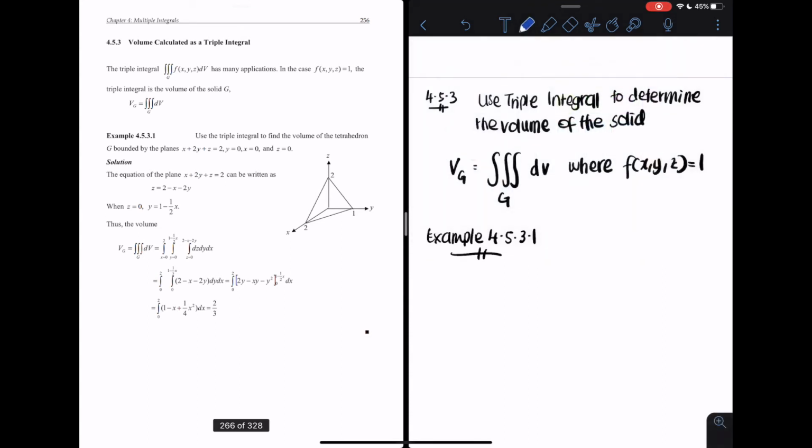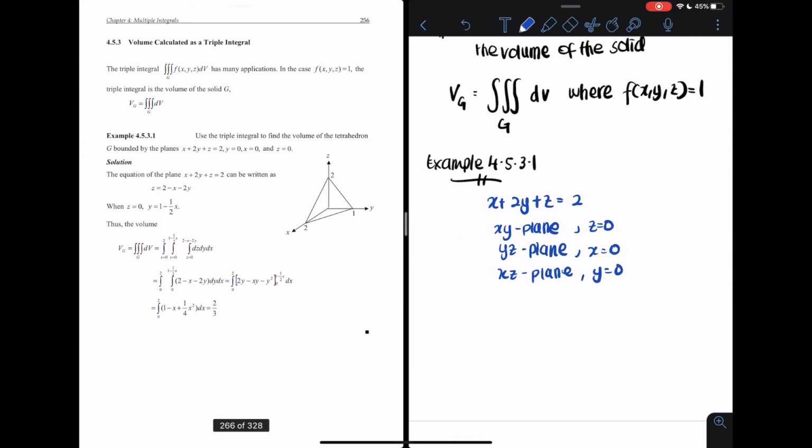The coordinate planes are the xy plane, yz plane, and xz plane, or equivalently z equal to 0, x equal to 0, y equal to 0.